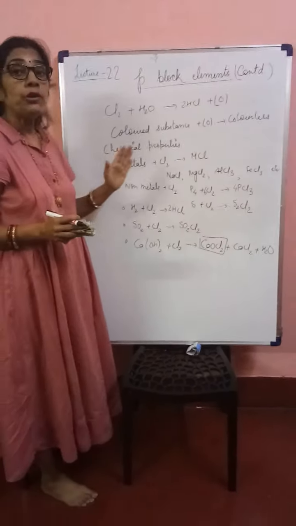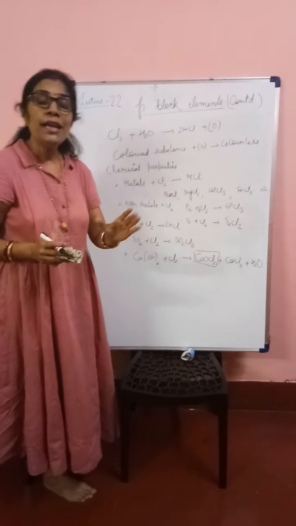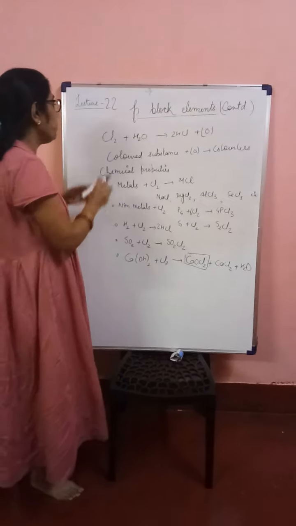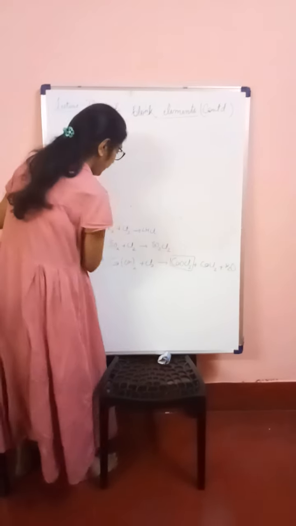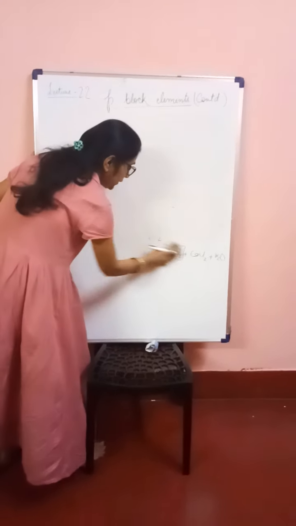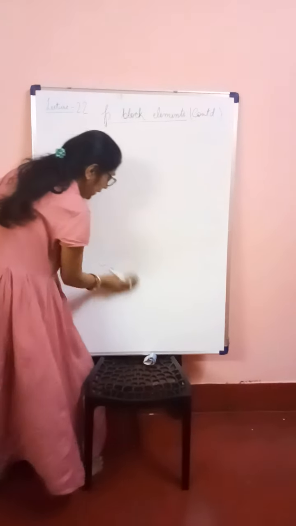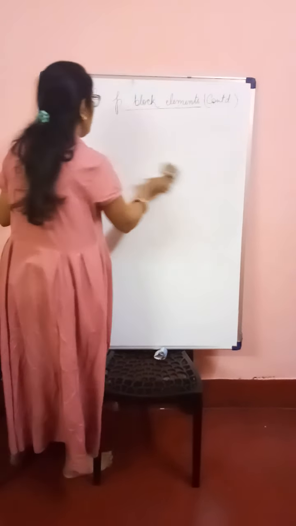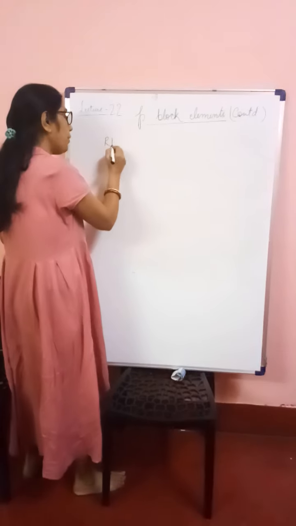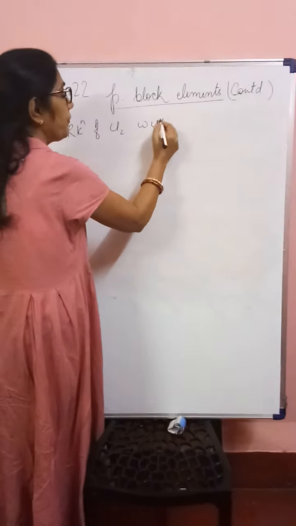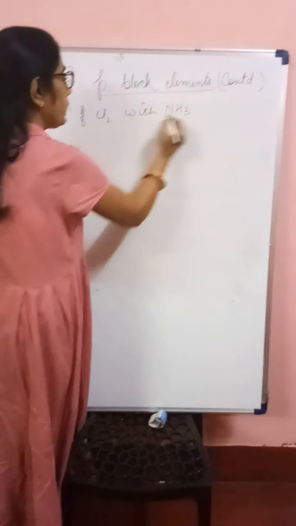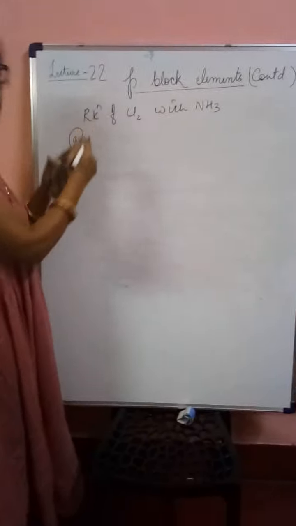And the reaction of chlorine with ammonia and sodium hydroxide is very, very important. So let's see those reactions. What happens when chlorine reacts with ammonia? I will divide it into two categories.